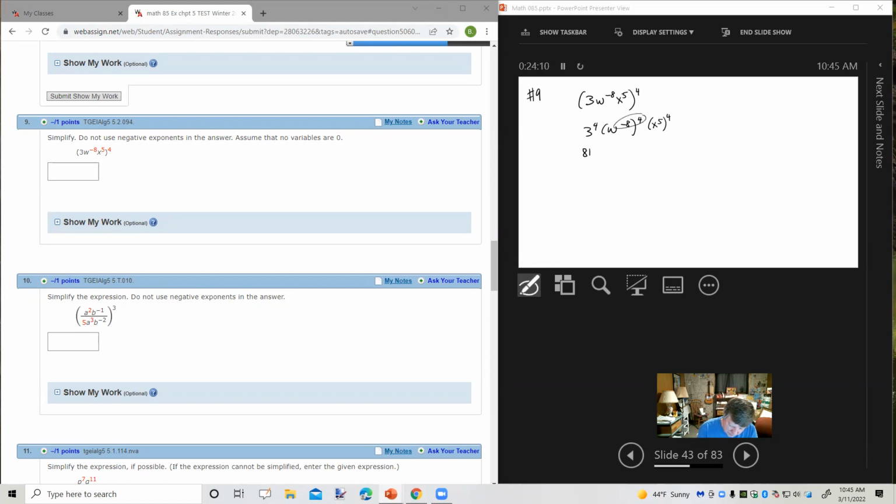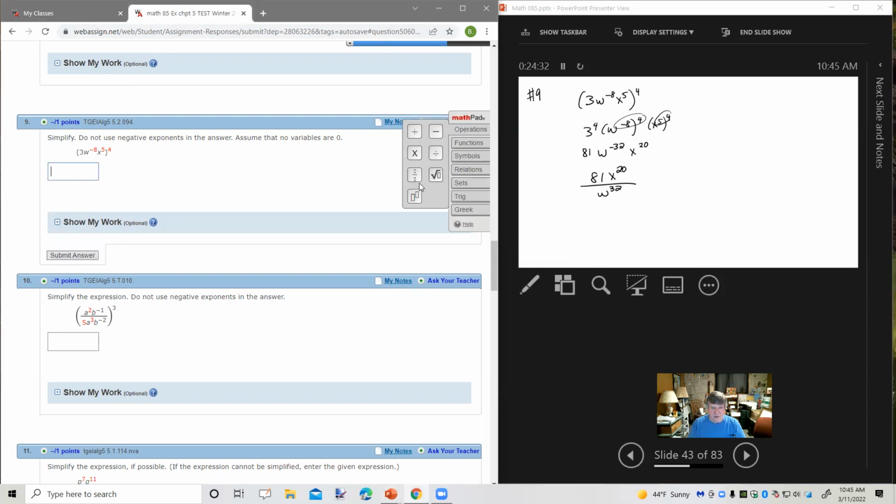Here we have a power raised to a power, so we multiply the exponents, and here as well. But we've still got a negative exponent. So this becomes 81x to the 20th power, all divided by w to the positive 32 power.